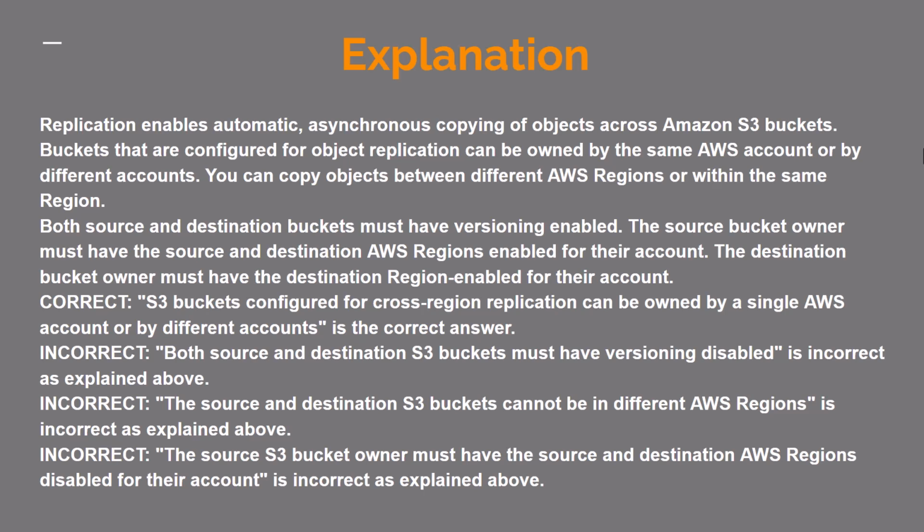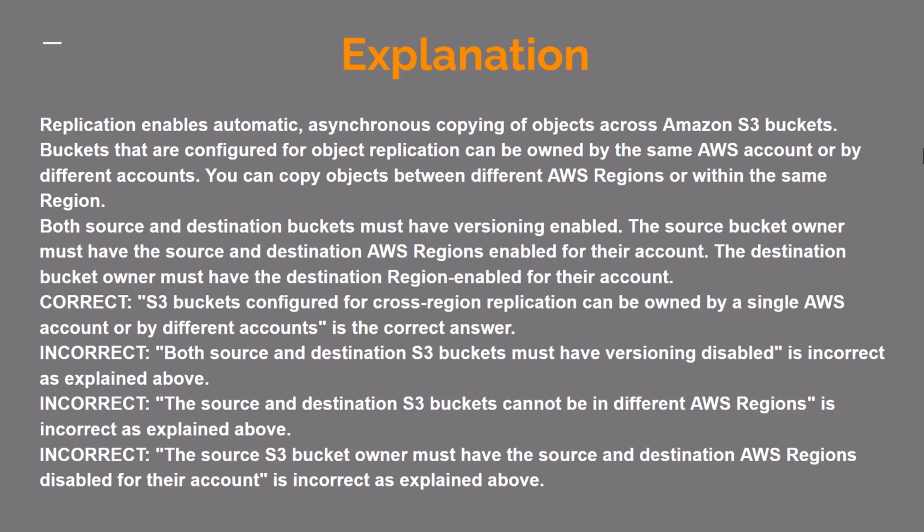The source bucket owner must have the source and destination AWS regions enabled for their account. The destination bucket owner must have the destination region enabled for their account. Correct. S3 buckets configured for cross-region replication can be owned by a single AWS account or by different accounts is the correct answer.